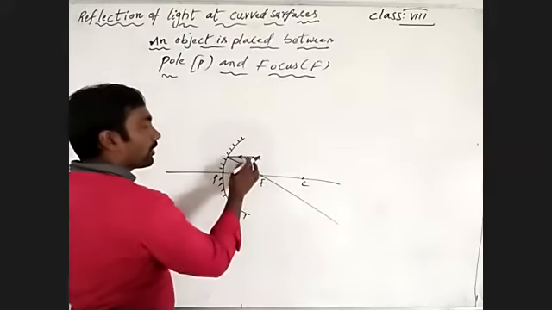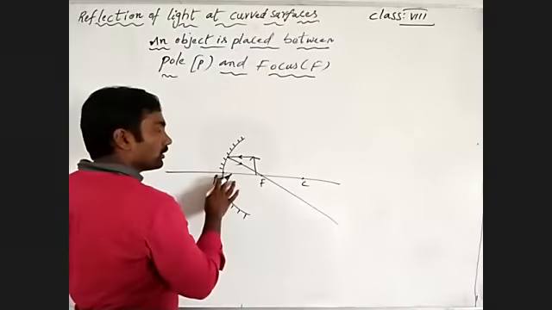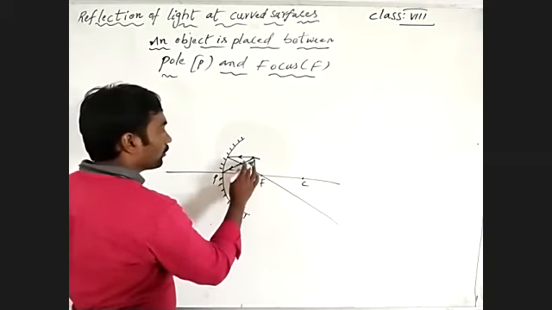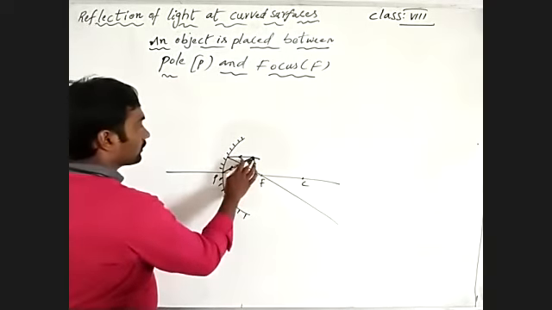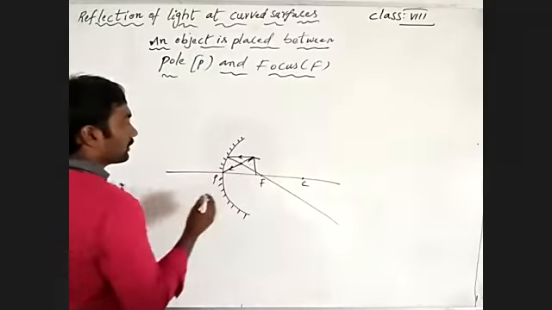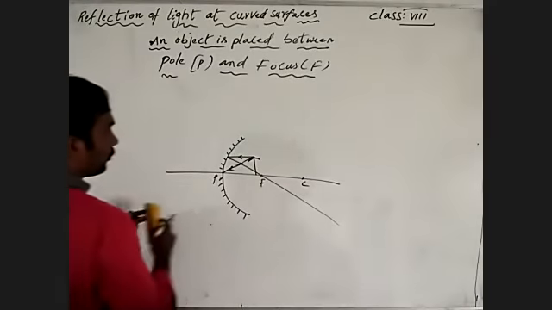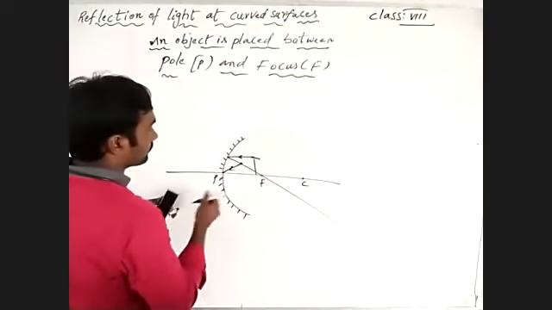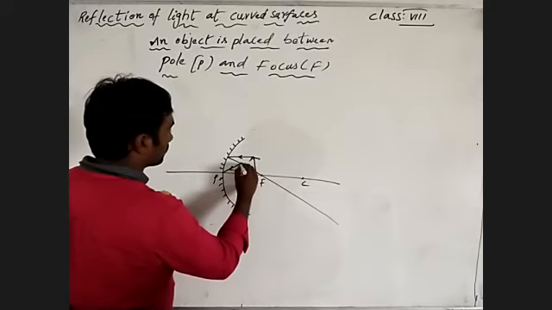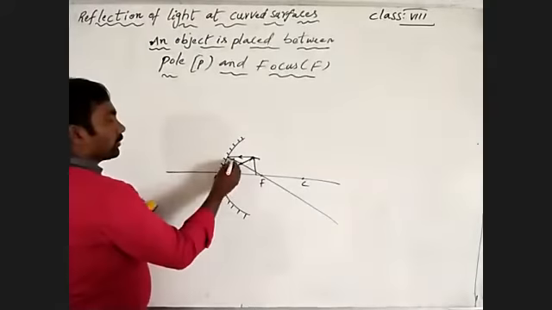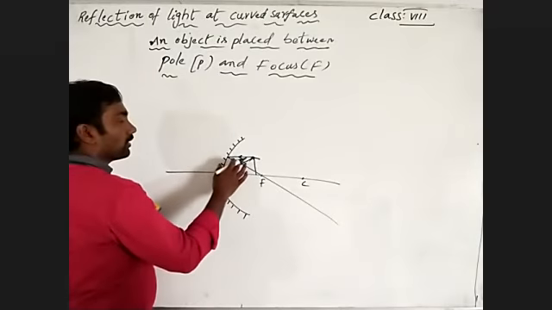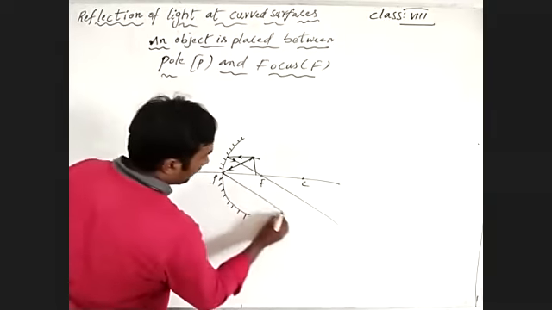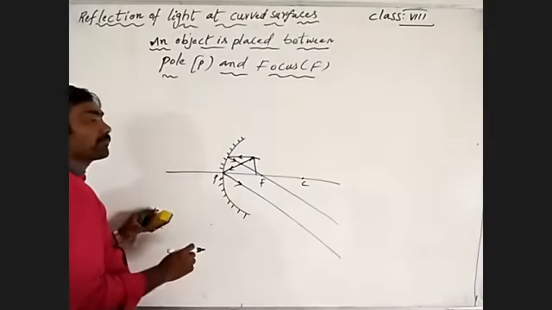One more light ray coming from the tip of the object travels through the pole, and it gives reflection with the same angle.